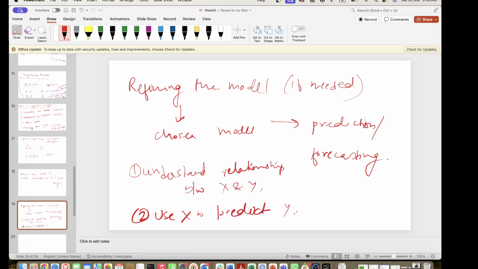So these are the two major goals of regression analysis. Mostly, we are interested in understanding the relationship, and once we know what the relationship is, we would want to go ahead and predict what the value of my y variable could be if I had certain values of my x variable. Okay, so this also helps in forecasting or prediction.